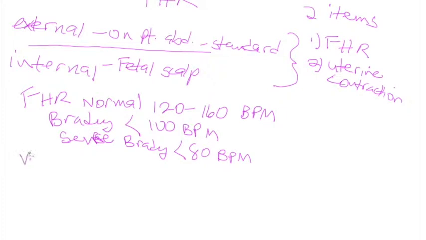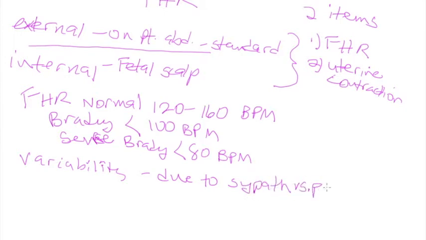Normally there is some variability, or fluctuations in fetal heart rate. That's mainly due to the sympathetic versus parasympathetic activity. Your fluctuations that are normal, or variability, is 5 to 25 beats per minute.